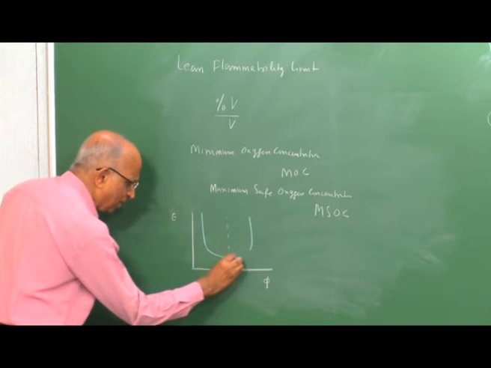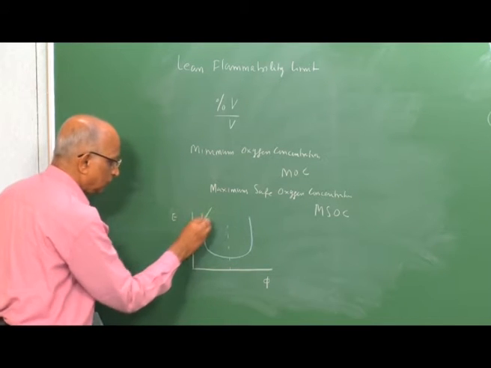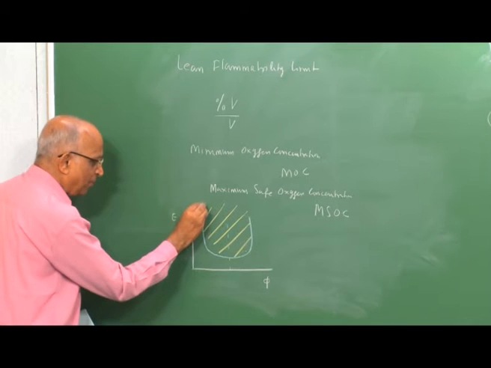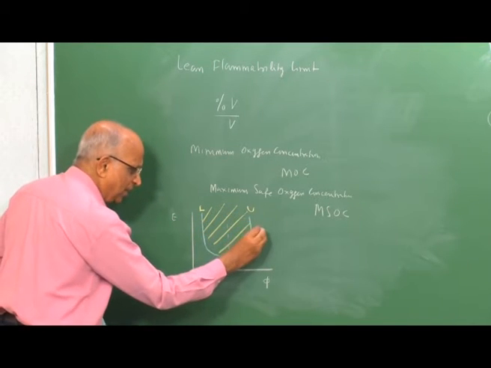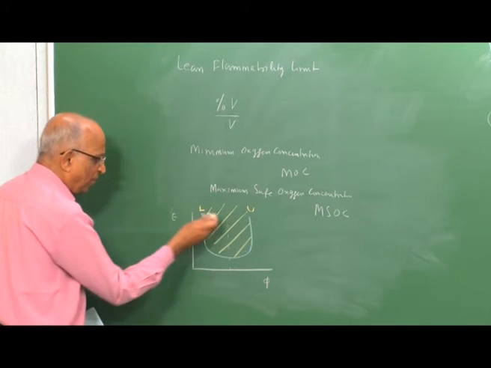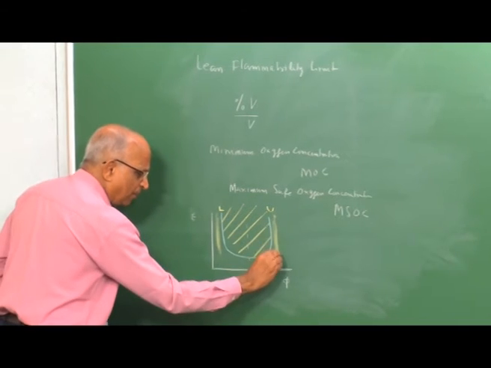I have a U-shaped curve, and this is the zone which is flammable. This is outside the lean limit of flammability. This is outside the rich limit of flammability, the upper limit of flammability, and the lower limit of flammability. This cannot burn, this cannot burn.